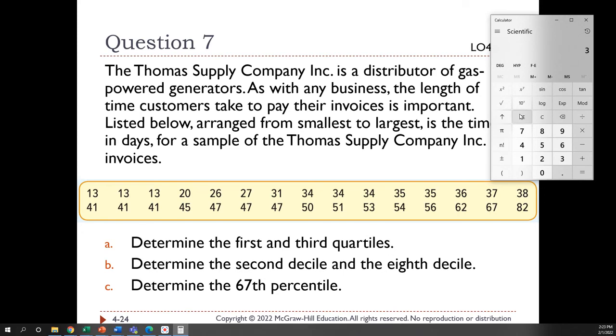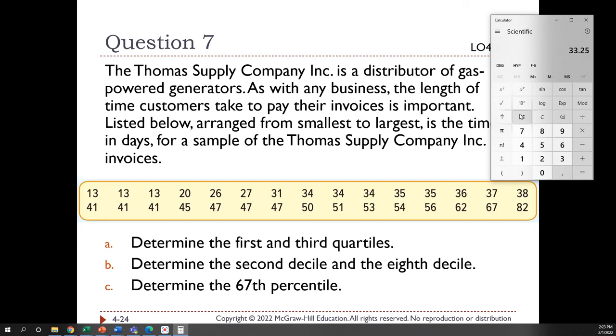It's basically our range between the two. And then multiply it by 0.75, basically what's after our whole number. This comes out to 2.25, and then add it to our lowest one in that range, which was 31. Comes out to 33.25.